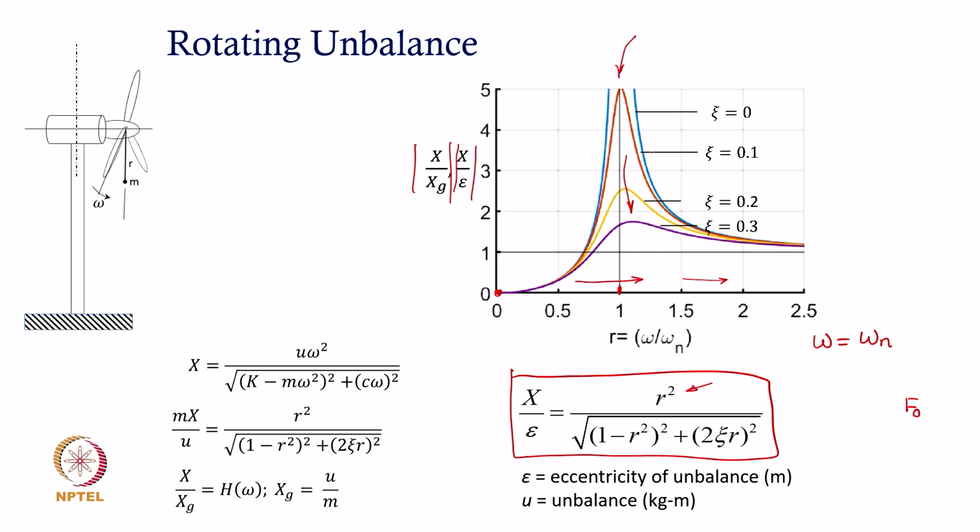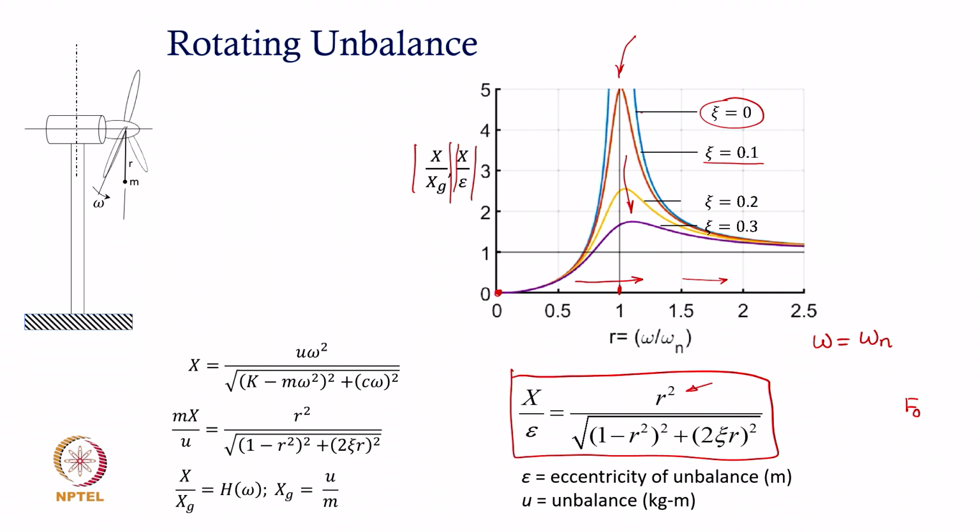So, corresponding to theoretically infinite amplitude in the undamped case, or damping equal to 0, there is a limiting amplitude as the damping factor increases, and as you can see, the amplitude at resonance can be significantly reduced by choosing an appropriate level of damping.